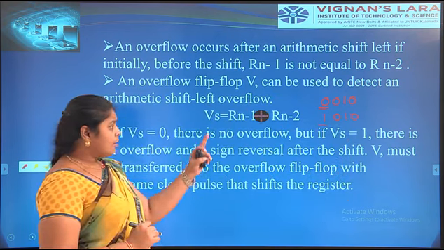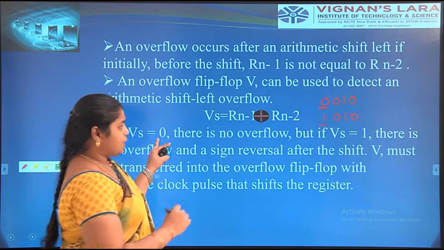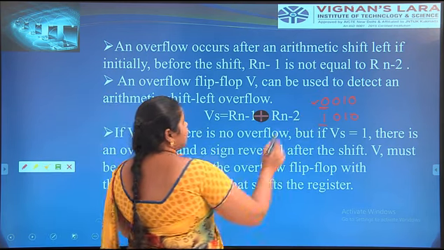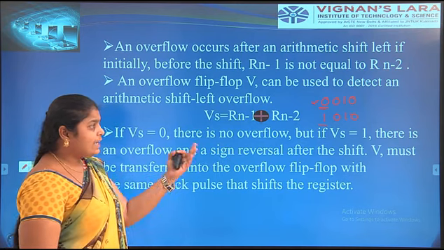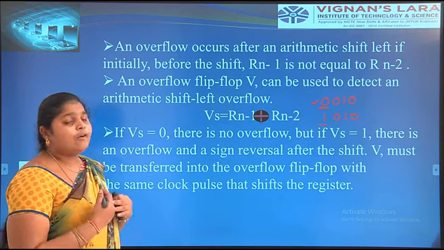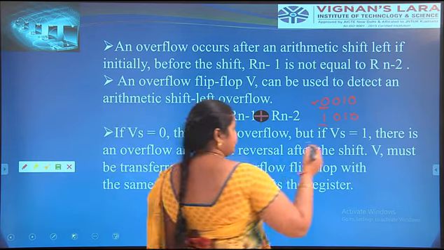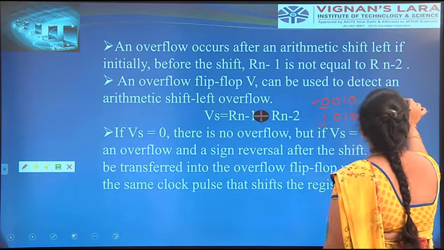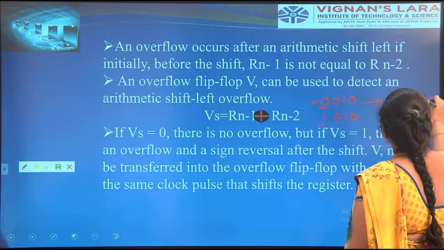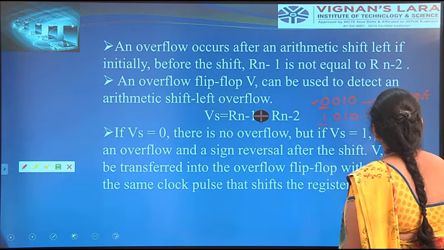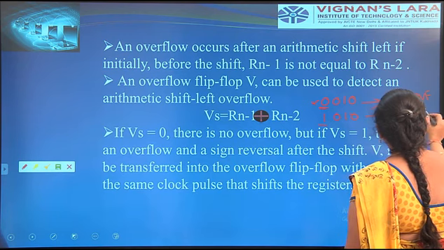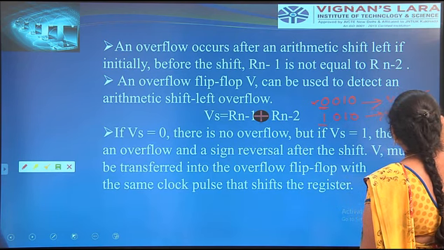Here this is considered as Vs. If Vs is equal to 0, there is no overflow. If Vs is equal to 1, the overflow condition has occurred.